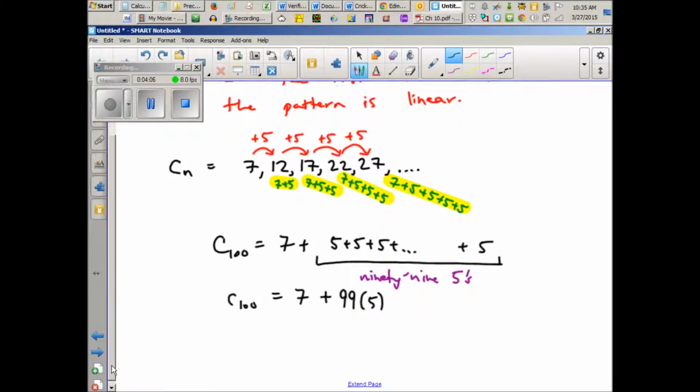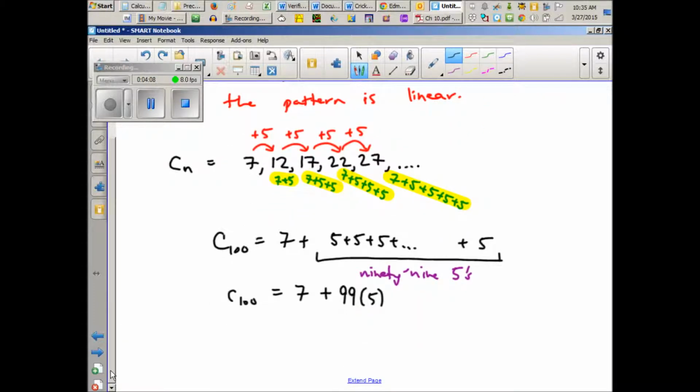So what exactly was the 7 again? What does that mean? The first term. And what does the 5 mean? That's our growth constant, right?